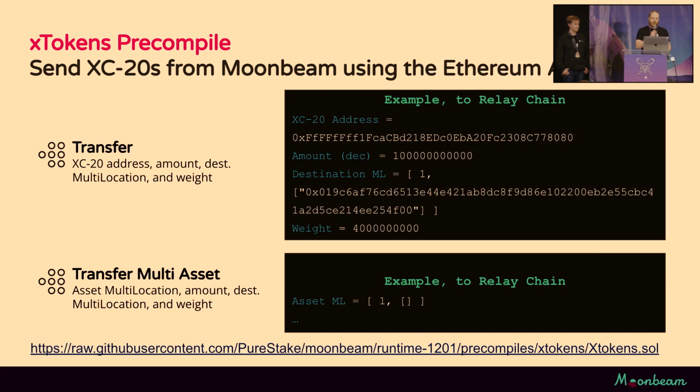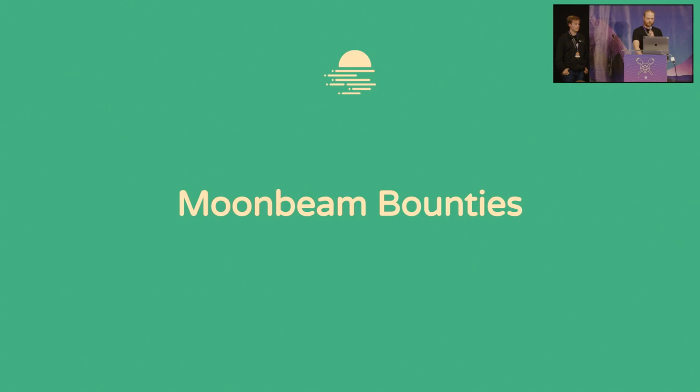To briefly take a look at its functionality, it supports a simple transfer that operates on just an XC-20 contract, or a transfer multi-assets, which works on an arbitrary asset, potentially one that is not native to Moonbeam itself.